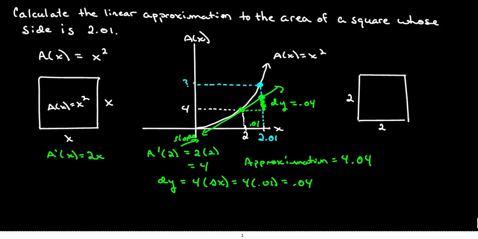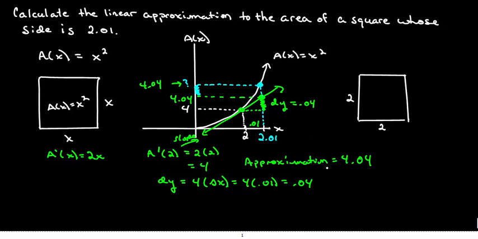So our best guess at this guy right here is 4.04, but we know it's not, because we know right here is not 4.04. We missed the mark by that much. That's kind of our error amount. Now geometrically, here's what it looks like.